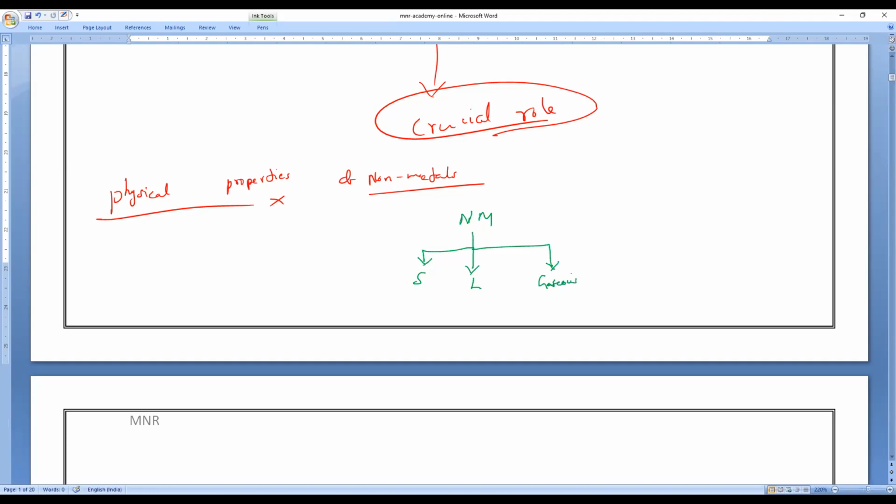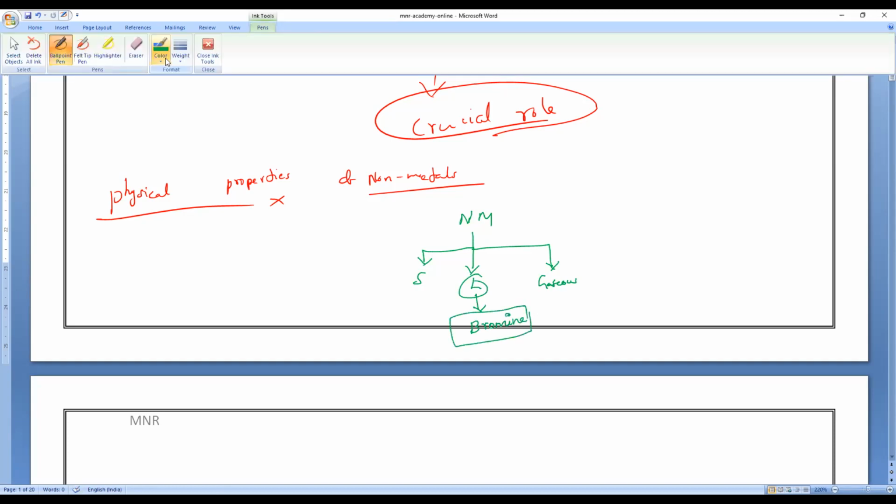Clear, everybody? The one and only non-metal which is liquid at room temperature, anybody can tell? Bromine. Bromine is the one and only non-metal which is liquid at room temperature.